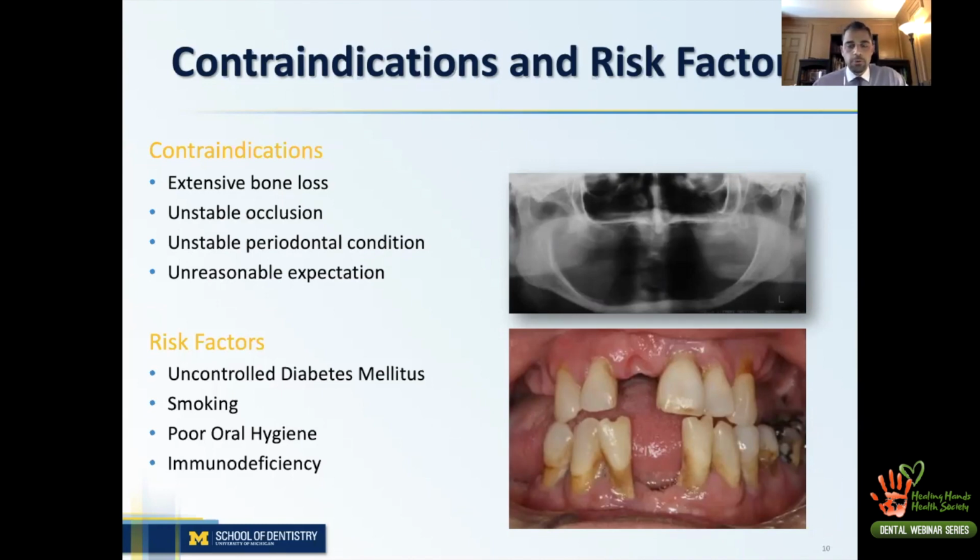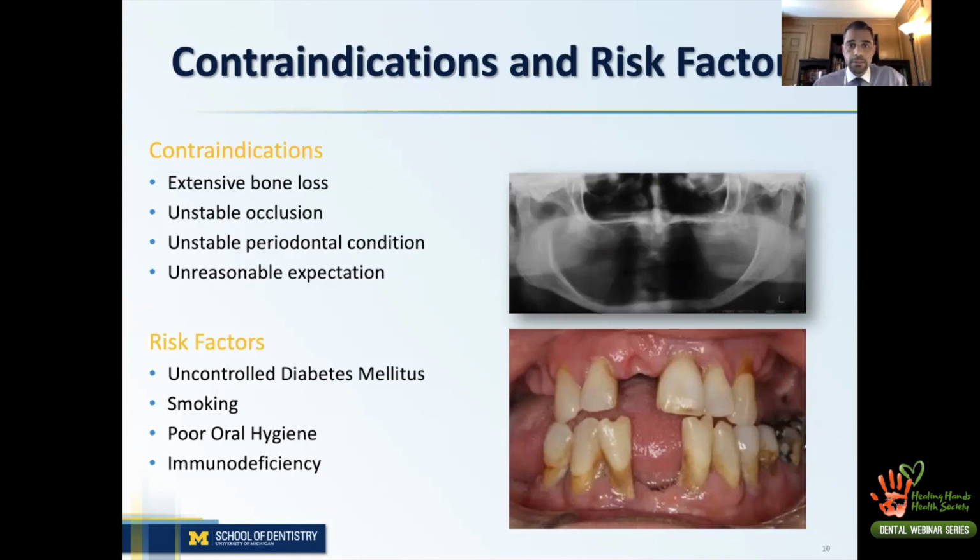Someone who has excessive bone loss won't be a case given to dental students. Unstable occlusion is another, because their dental curriculum doesn't provide enough education to treat complex cases that a prosthodontic resident or a prosthodontist would be working on. So cases like this, we usually don't treat in the pre-doctoral clinics.